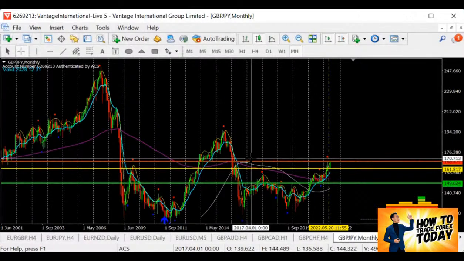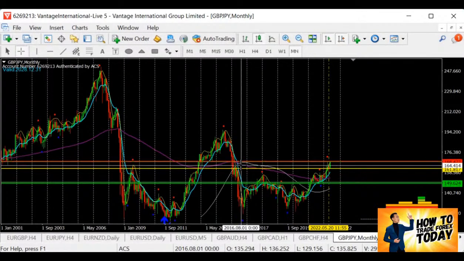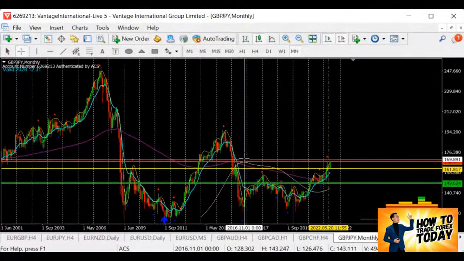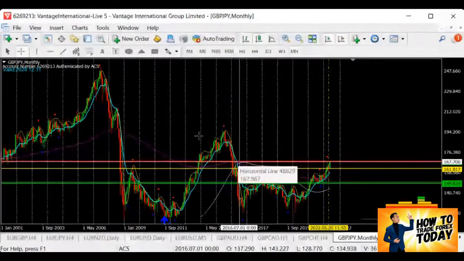I'm not sure when it breaks, and I won't predict, but tentatively for pound yen, we are now back to the spot where the basic was during the year 2016. So right now we are at the 2016 price.